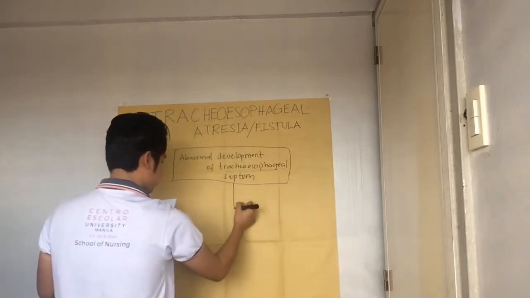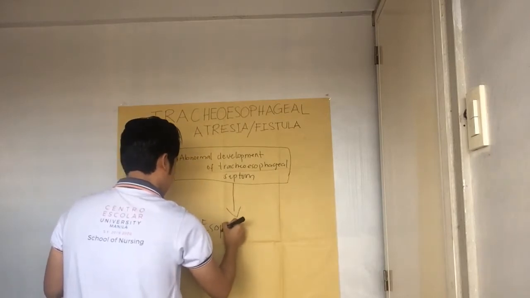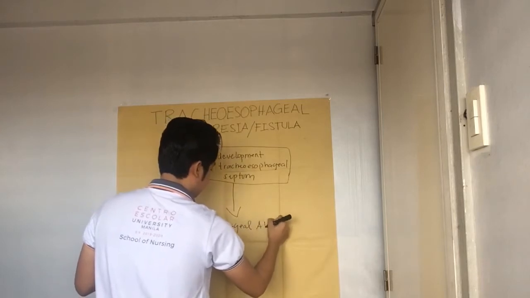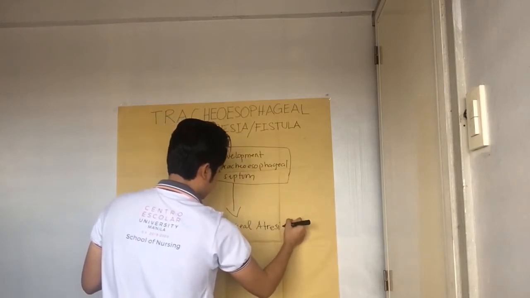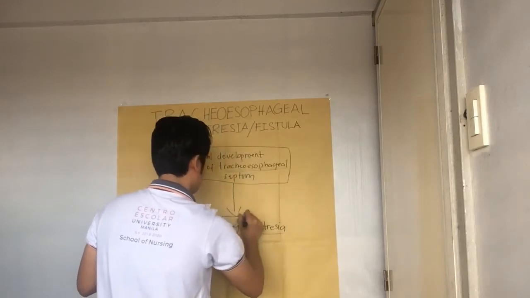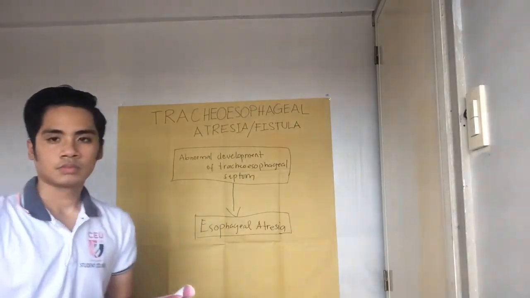And this would lead to esophageal atresia. So, anatomically speaking, esophageal atresia is in the upper part of the body. Next is the tracheoesophageal fistula.